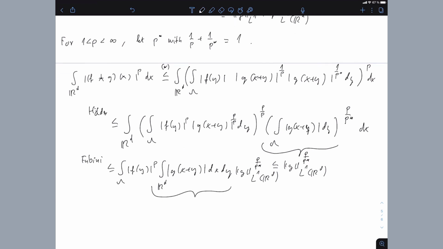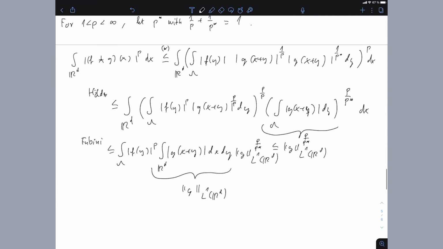And here again, this is g in the L1 norm. So this inner integral is again just the L1 norm.